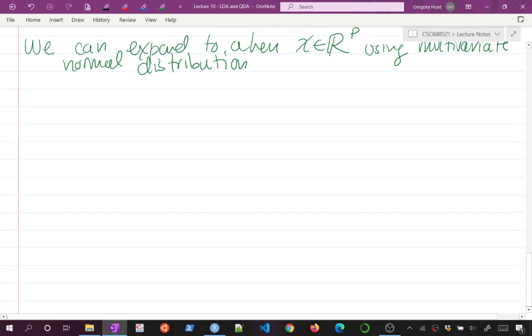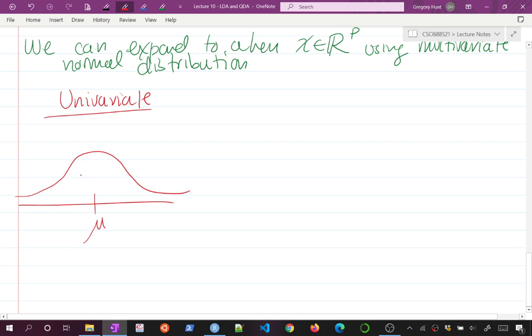The univariate normal has our familiar bell-shaped form, where we have some mean mu that tells us where the center is, and then we have our variance sigma squared that tells us how wide it is. The multivariate case is just a generalization of this.